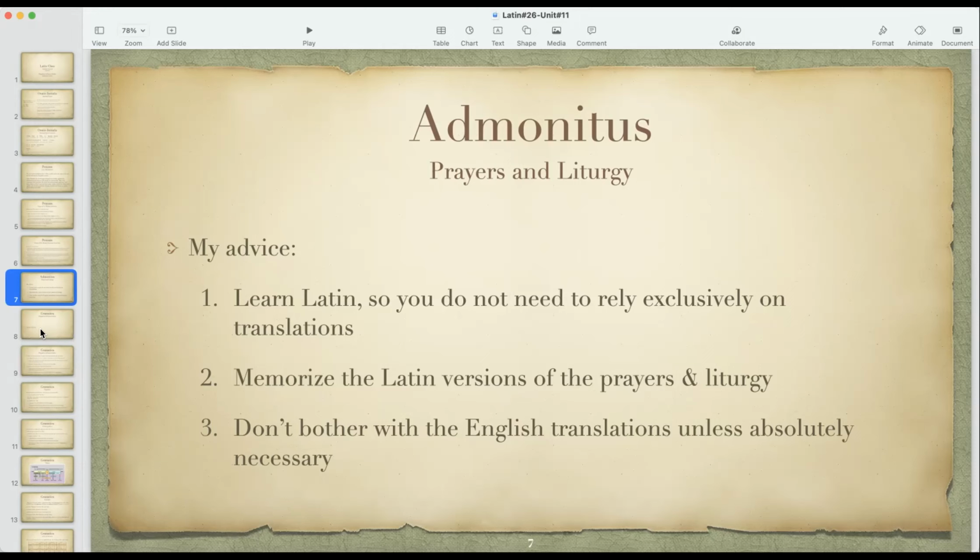If I'm at a Mass that is in English, I will often open up my hand missal for the public prayers that I have to recite and read along, because otherwise I probably will not follow the English terribly well. There were things in the Gloria and the Creed that they did that were not terribly literal. So anyway.